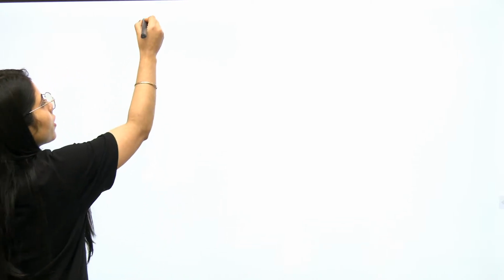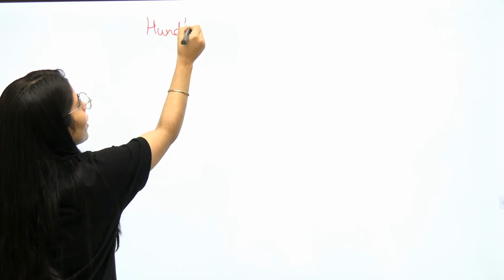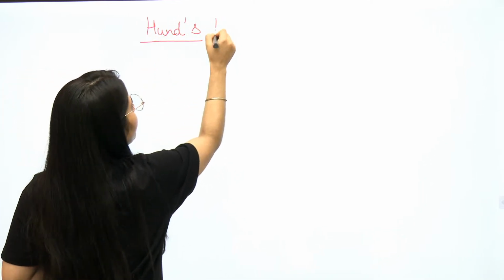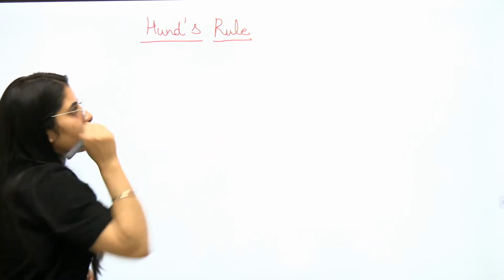Now next point, that's going to be related to how you will check the ground state. Okay, so for that we have Hund's rule. Clear? Now what are these Hund's rules? Let's consider them quickly and then we will talk about the related questions. We will even talk about the equivalent electrons case. Clear?